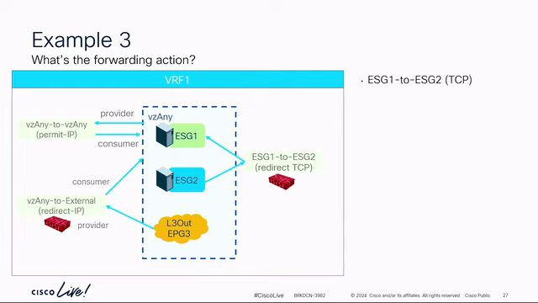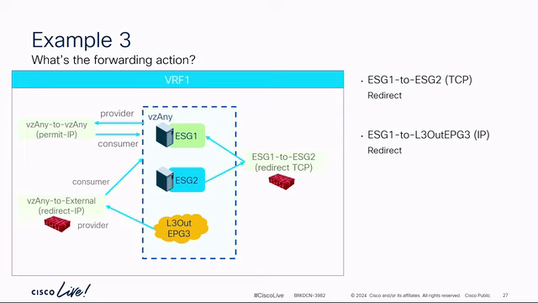Then here is a quiz for you. TCP traffic ESG1, ESG2. What's going to be the action? Redirect, because this is the most specific rule. ESG1 to external EPG3.